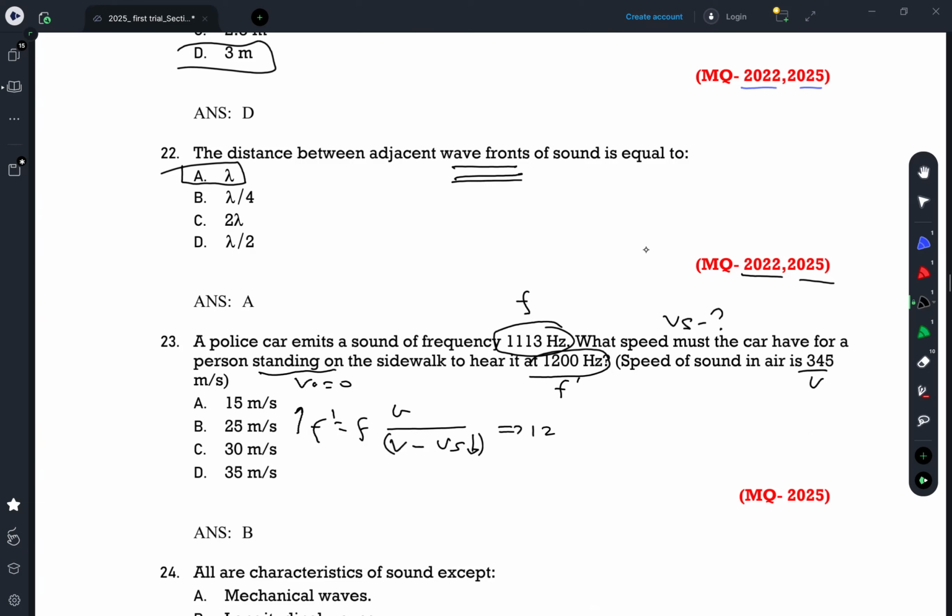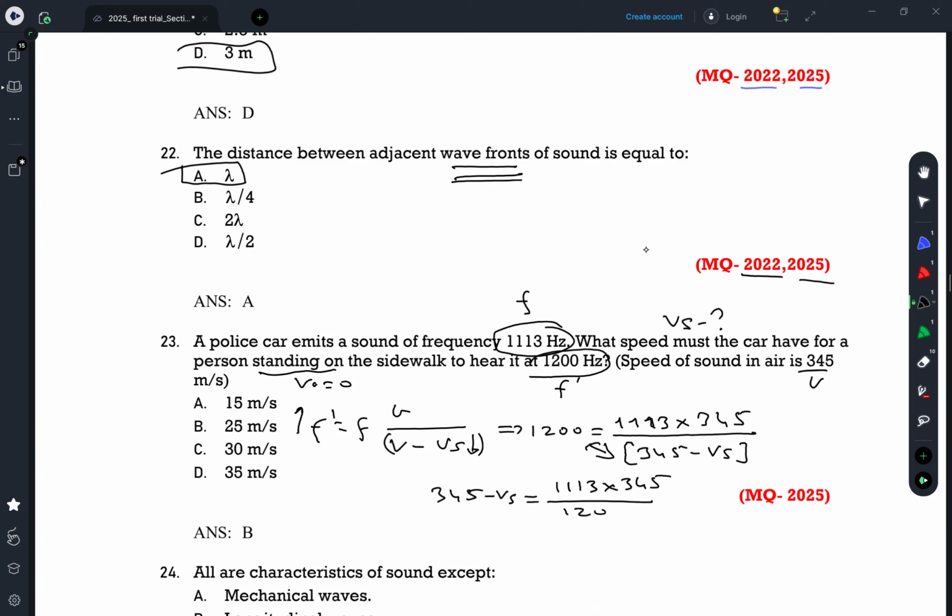F prime is 1,200. F is 1,113. V is the speed of sound in air, 345, divided by (345 minus Vs). I can do this several ways from now on, but my way is generally to rearrange. 345 minus Vs is equal to 1,113 times 345 divided by 1,200.